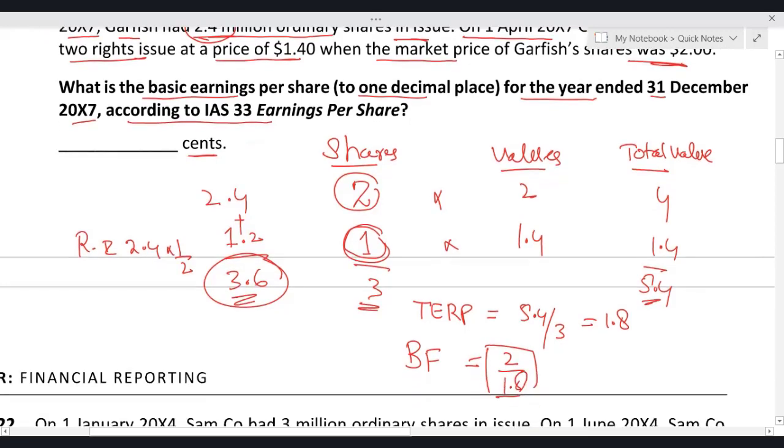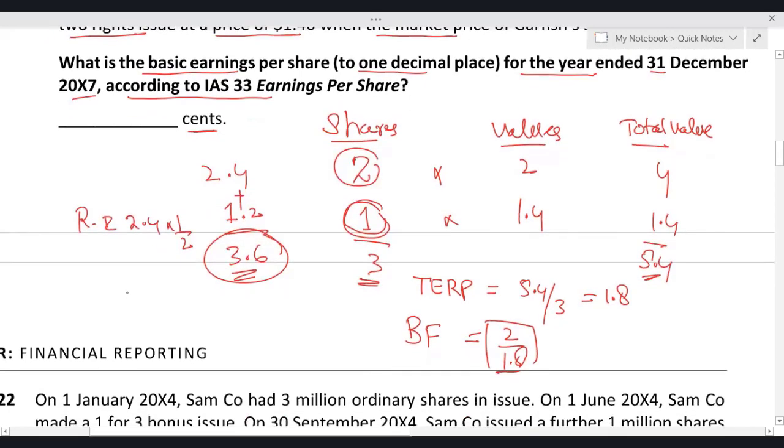Another way of calculating this 3.6, please try to understand. Shares immediately before the right, we have 2.4 million. Now in a right issue, what happens? After the right, 2 shares will become 3.